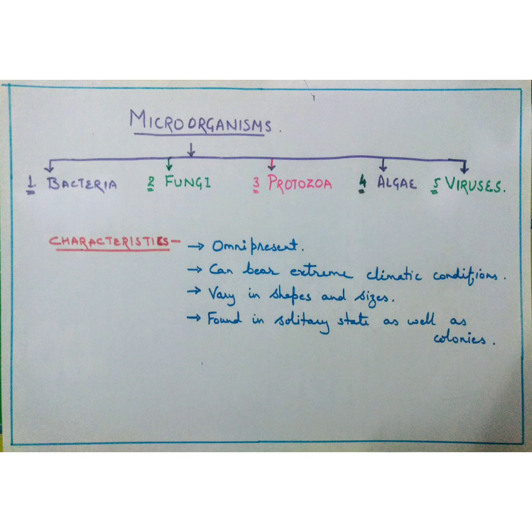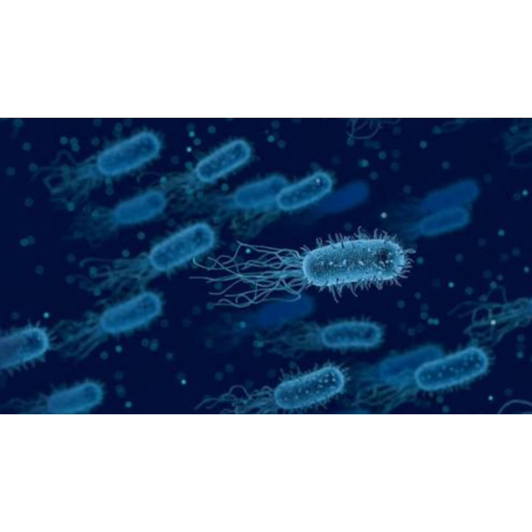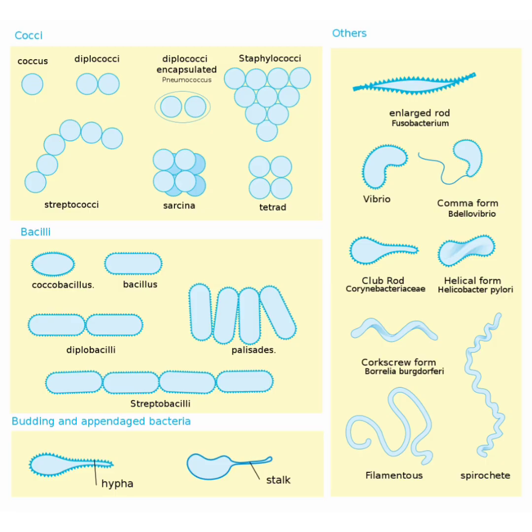Let's start with bacteria. Bacteria is a plural word and singular it is termed as bacterium. These are non-green, that means they don't have chlorophyll in them. These are non-green unicellular microscopic organisms. They may be of various shapes: spherical, coccus.